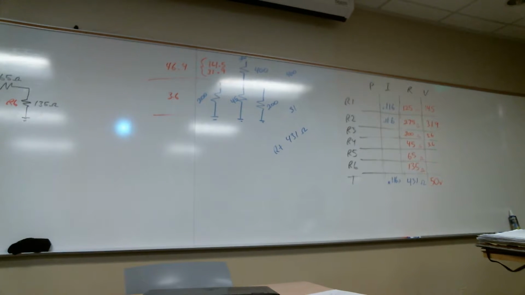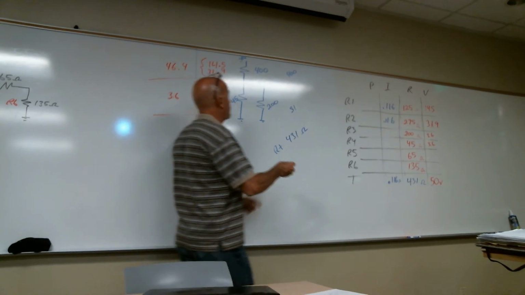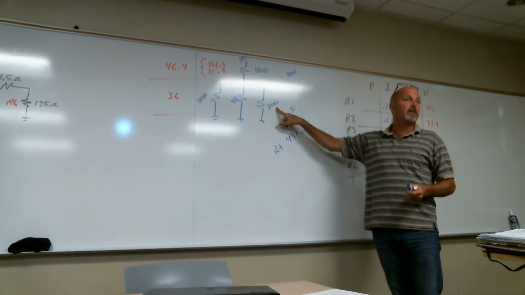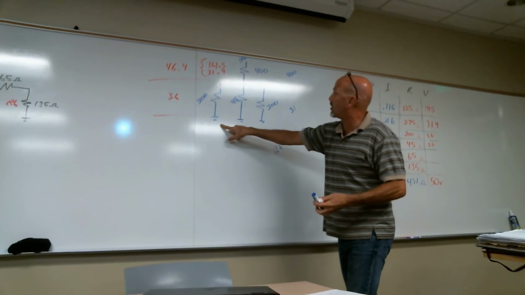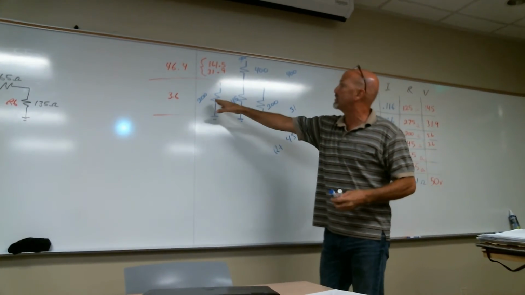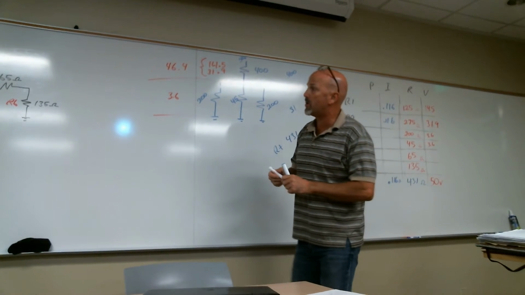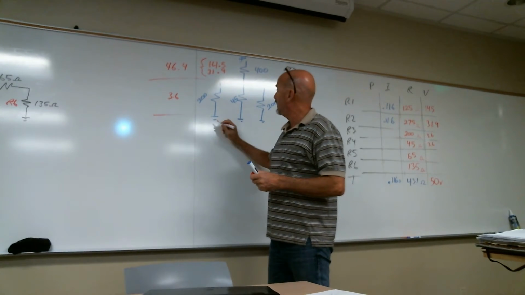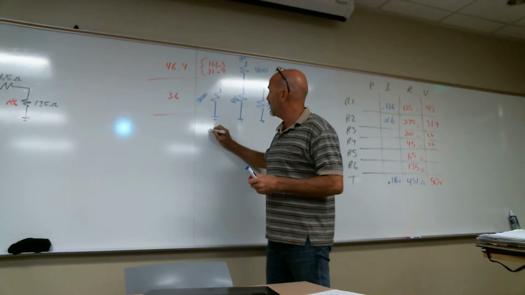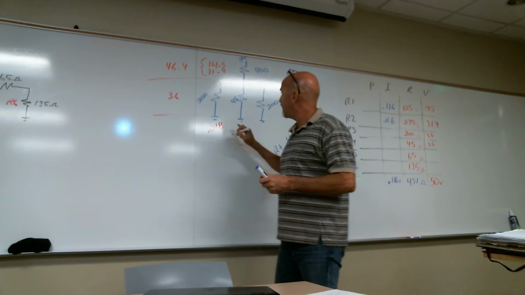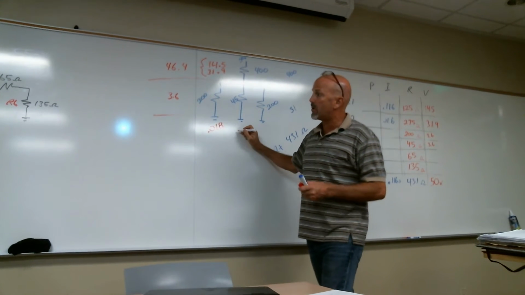That's why I kept 5 and 6 together here until I get the current, because now I'm going to get all three currents the same way. I'm going to use the resistance with the voltage. So what's my current for R3? 0.018. And then R4?